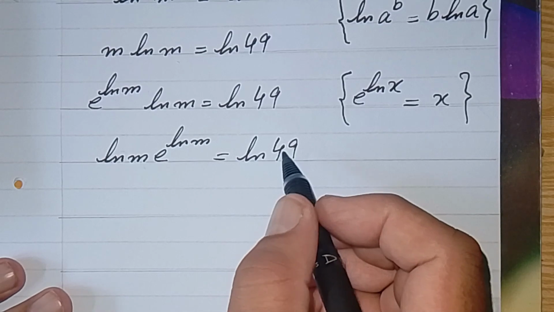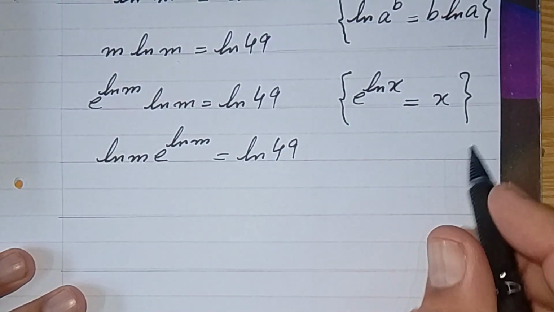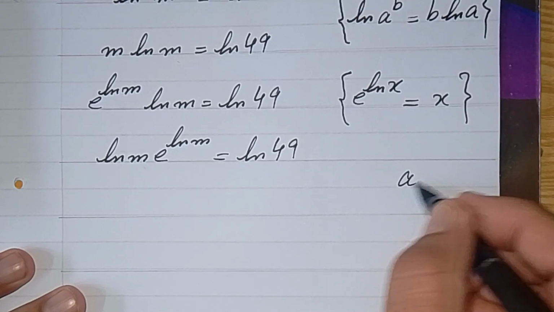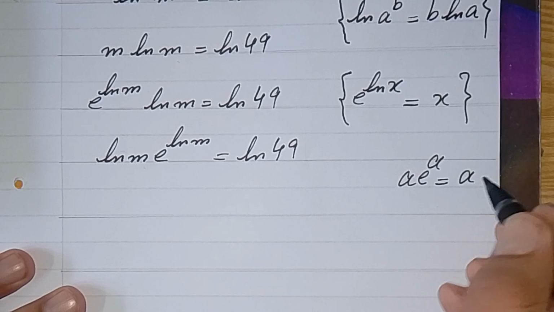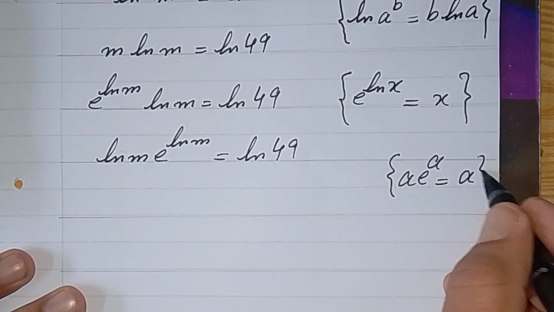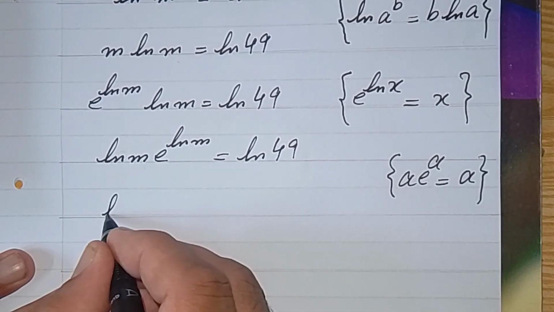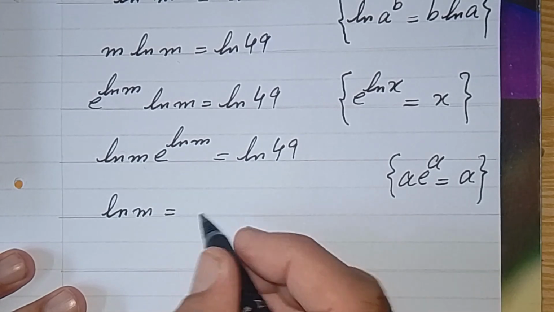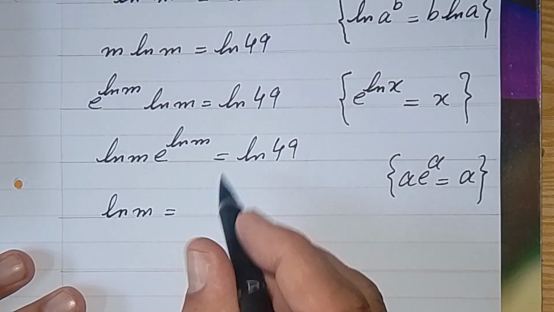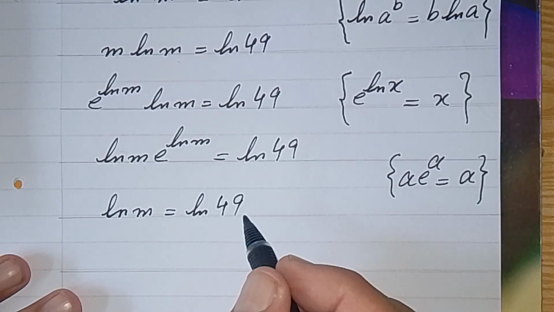Here we use a raised to log a is equal to a. We use this formula, then it becomes log m is equal to log 49.